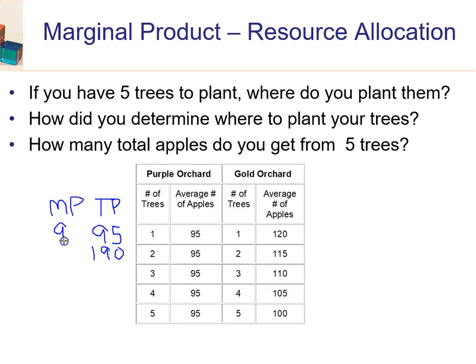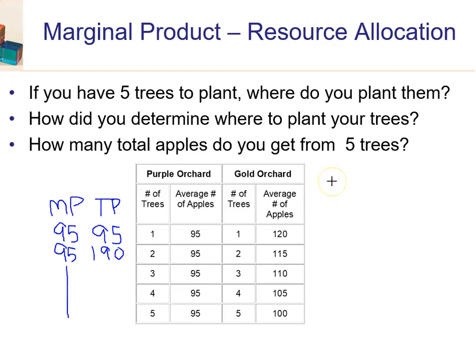Well, you get 95, because you had 0 apples and 0 trees on the purple side. What's the marginal productivity of your second tree on the purple side? How does our total productivity change? It increases by 95, so again the marginal productivity is 95. Note, when your average does not change, it stays at 95, your marginal productivities will not change. They will also be 95, so your total productivity increases by 95 each time.